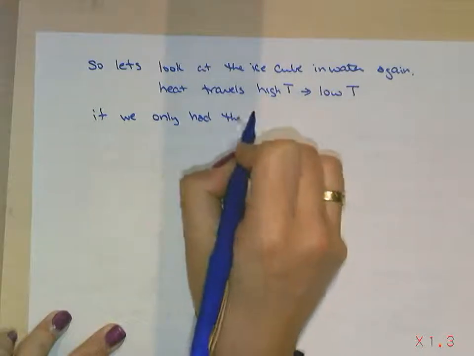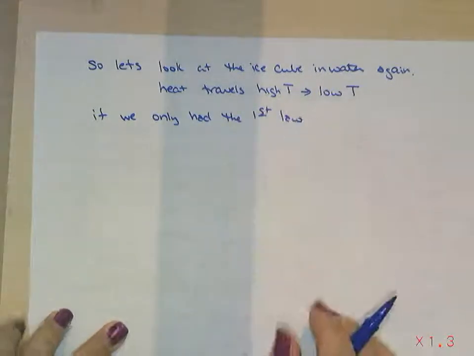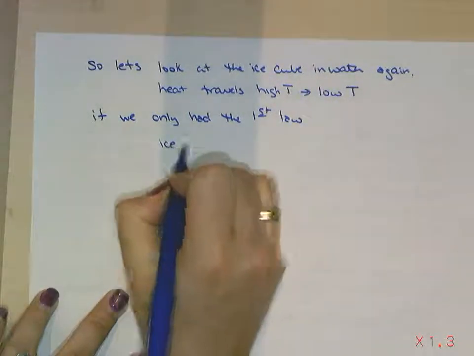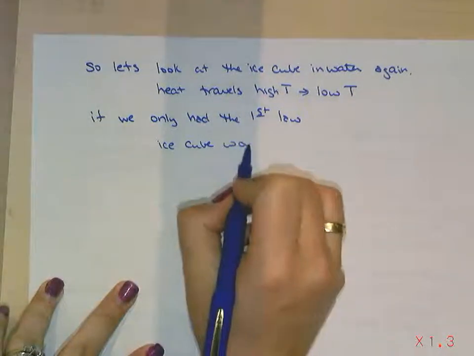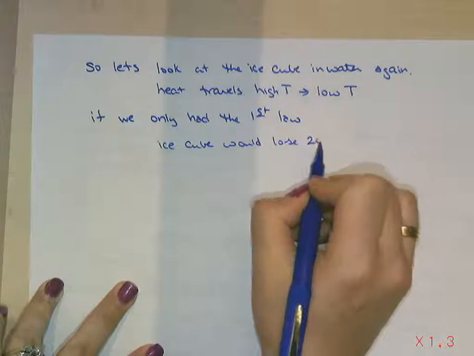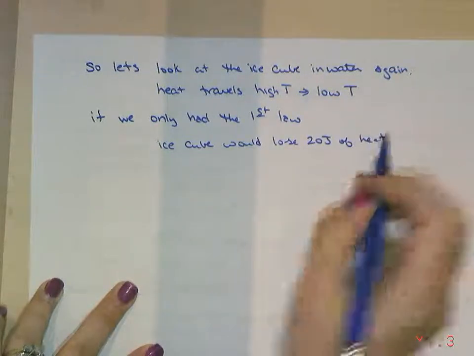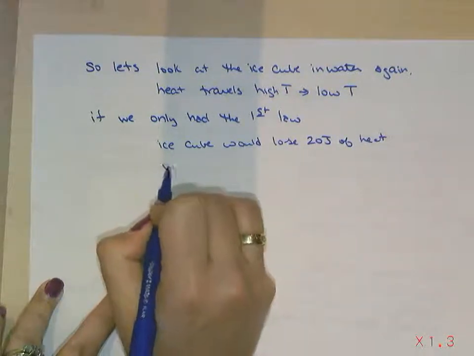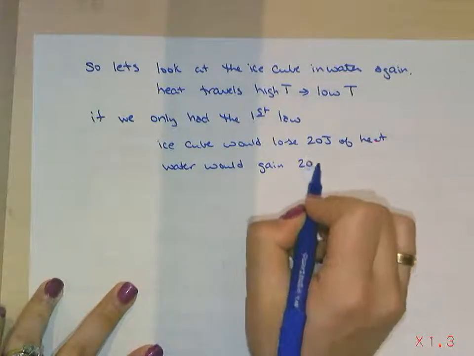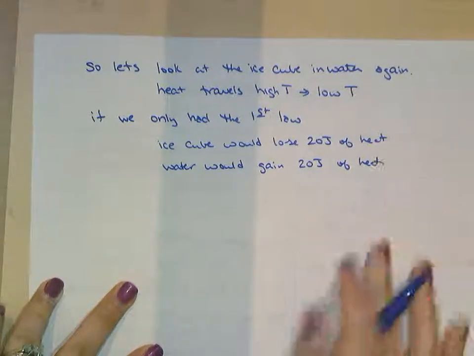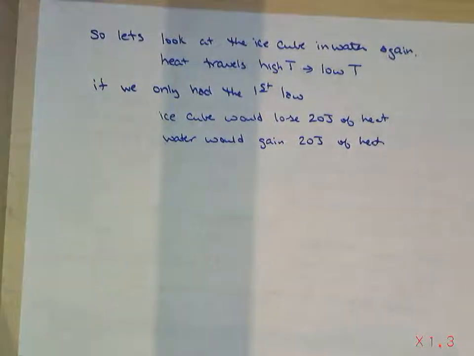If we only had the first law, I have my ice cube, which is the cold thing, so it would lose energy. All right, so the heat's traveling from high temperature to low temperature.